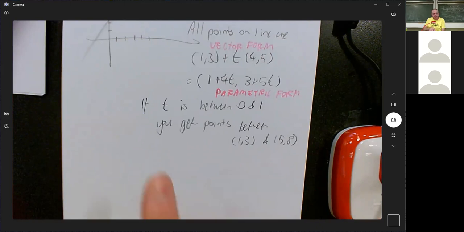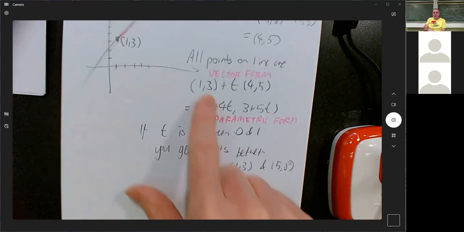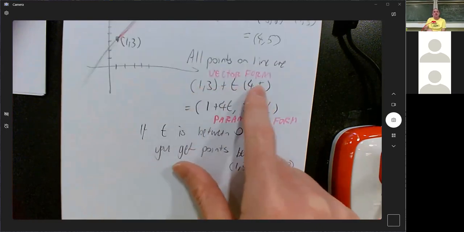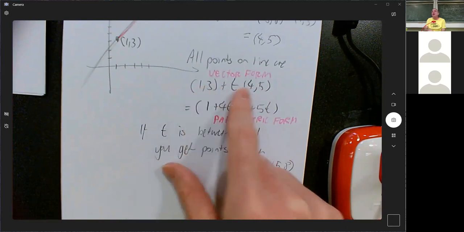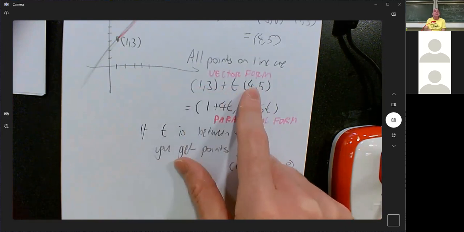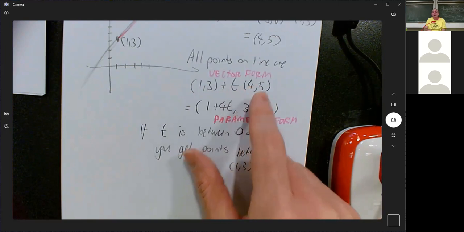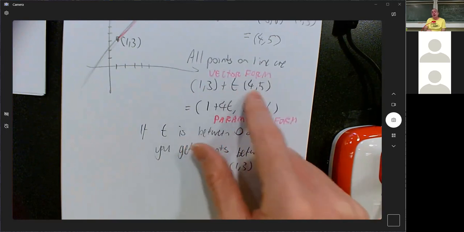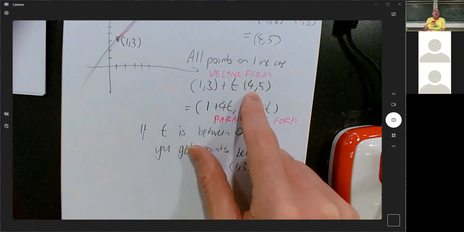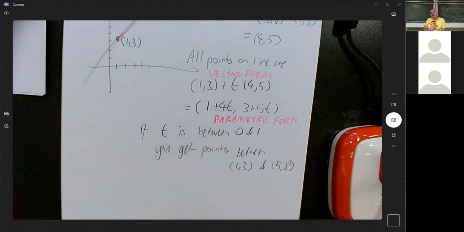I will do one more thing. From this information, it is technically possible to figure out what the equation of the line is. I could figure out the slope of this arrow, and that would be the slope of the line. And then it would have to be y equals mx plus something.